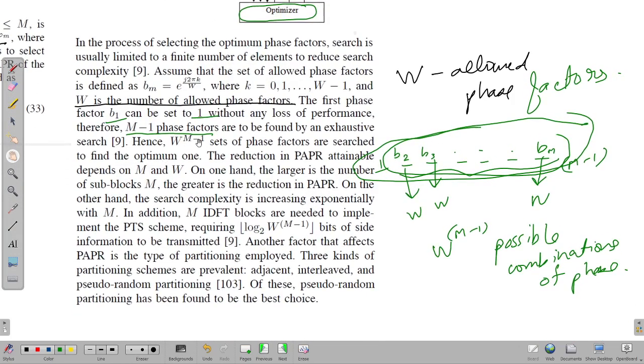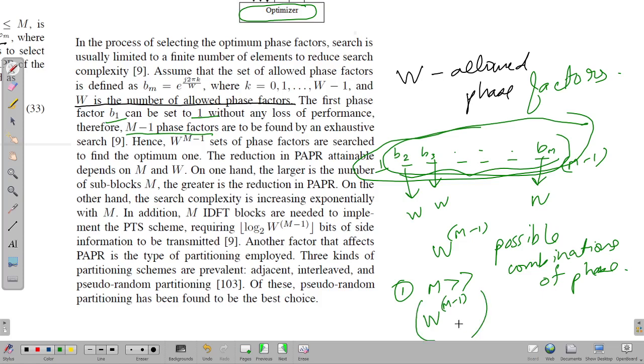And as the value of m increases, it is going to be an exhaustive search. So that is one of the disadvantages of the PTS method. When the value of m is large, and there are w allowed phase factors, then you need to search over w^(m-1) phase sequences.